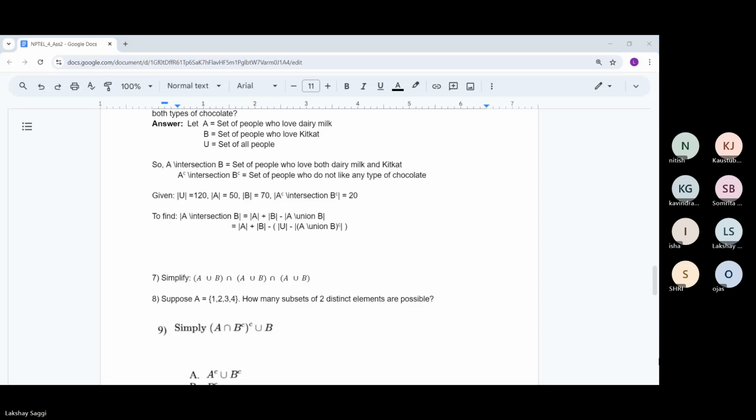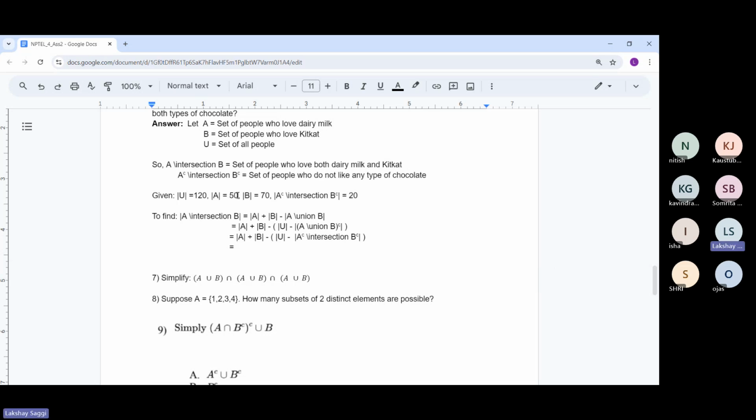I hope this makes sense to everyone. And now by De Morgan's laws, this is just the cardinality of U, which we are also given, and A union B complement becomes A complement intersection B complement. So we now know all these values and can plug them in.